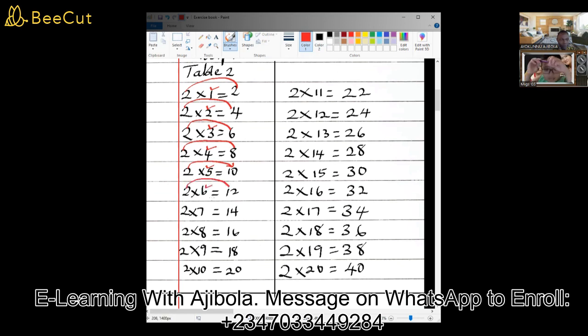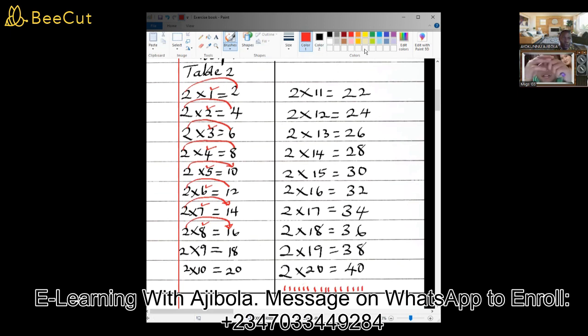6. Good. How many 2 can you see in 14? 7. Then how many 2 is in 16? 8. Now let's check this one. Let's count 16, okay? 1, 2, 3, 4, 5, 6, 7, 8, 9, 10, 11, 12, 13, 14, 15, 16.